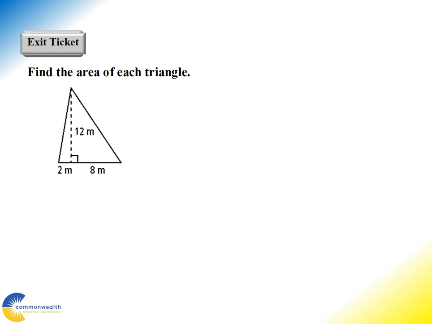Now they have it split up into 2 meters and 8 meters, divided where the height intersects the base. That means that the entire base is 10 meters in length. So when I do the area of this, I'm going to do 1/2 times 10 times 12, and I'm going to get 60 square meters.